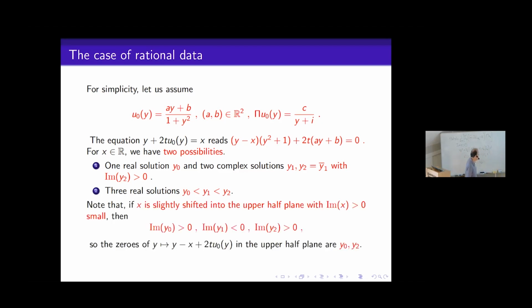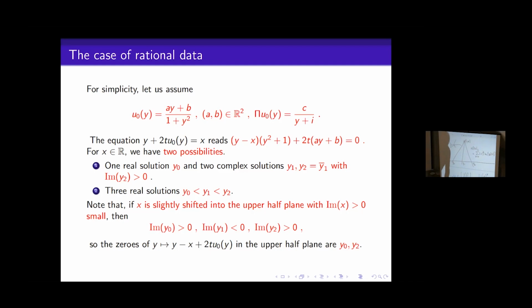So it tells you that if x is slightly shifted in the upper half plane, with imaginary part strictly positive but small, the imaginary part of y0 will be positive, the imaginary part of y1 will be negative, and the imaginary part of y2 is positive. Why? Because you have this picture, okay? y0, y1, y2.